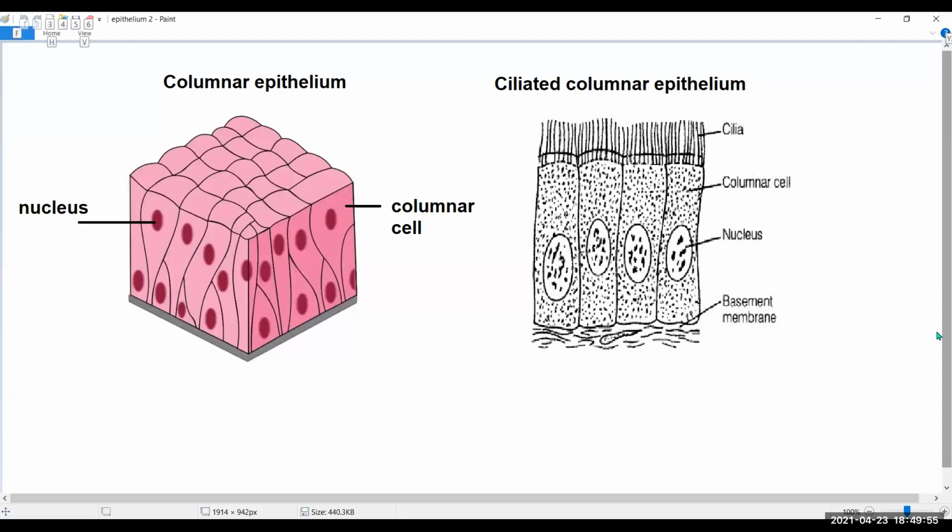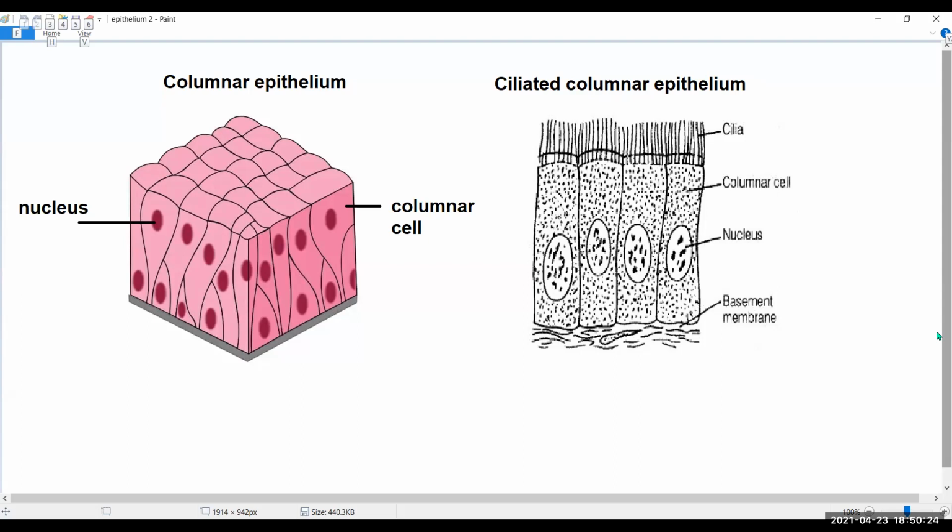Now, next type of epithelium tissue is columnar epithelium. Here, cells are tall, cylindrical, and pillar-like. Columnar epithelium lines stomach, intestine, sweat glands, and oil glands of the skin. These cells are usually secretory.